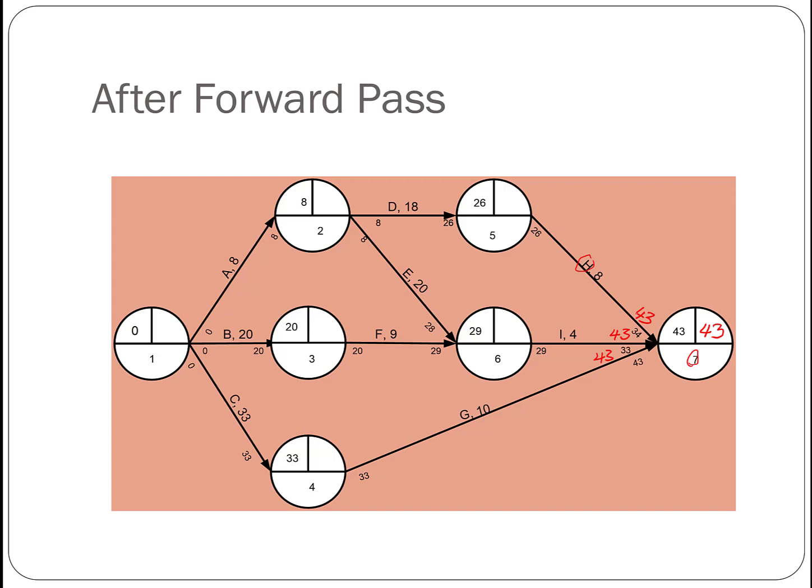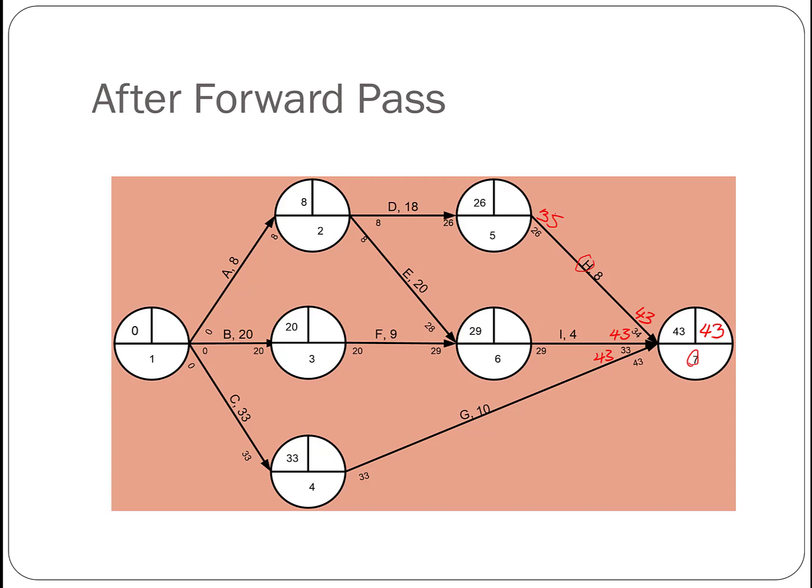Okay, and if it takes 8 days to complete H, then we can start H no later than day 35, because 35 plus 8 equals 43. So this is saying that the latest day to complete H is day 43, and since it takes 8 days to complete activity H, the latest day to start activity H will be day 35.